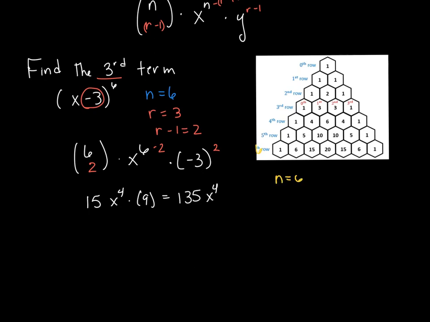So this right here is my 6th row, and I want to find the 3rd term. This is the 1st, this is the 2nd, but I want to use that 15 because that is my 3rd term there.